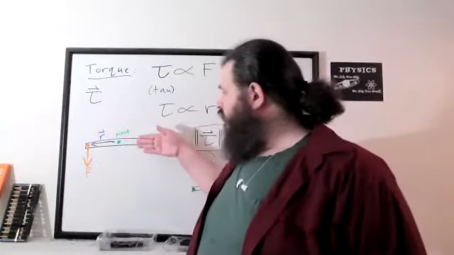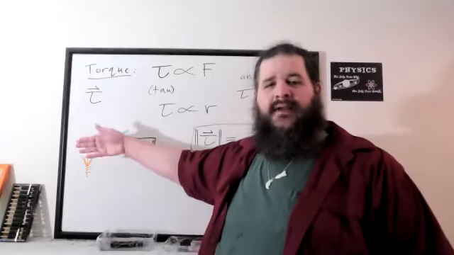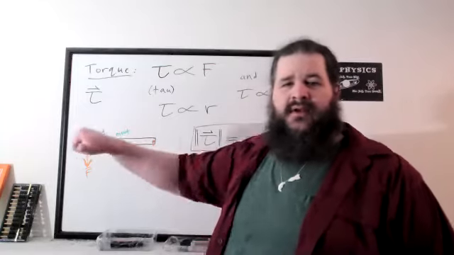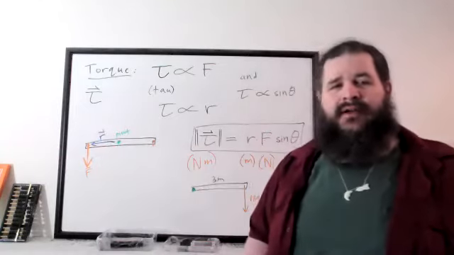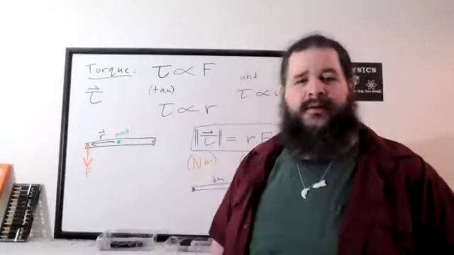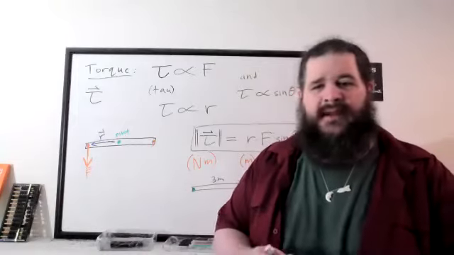So point your fingers straight along the radius vector from the pivot towards the location the force is applied, and swivel your hand until you're able to curl your fingers in the direction of the force. Then your thumb will be pointing in the direction that we call the torque. So in this case, we'd say the torque is straight out of the board, which we usually draw as a dot, because it's difficult to draw arrows in 3 dimensions.